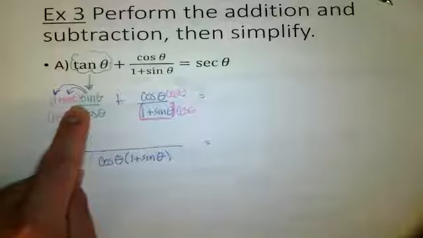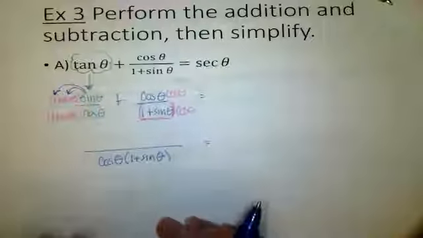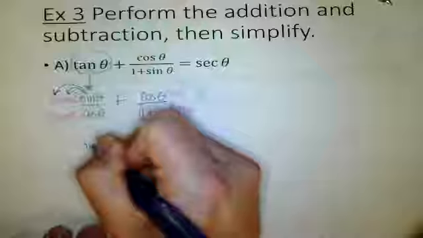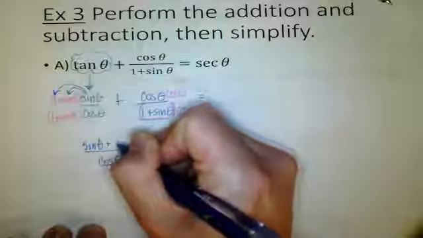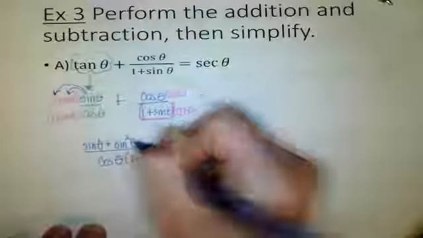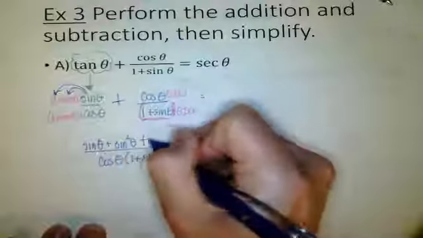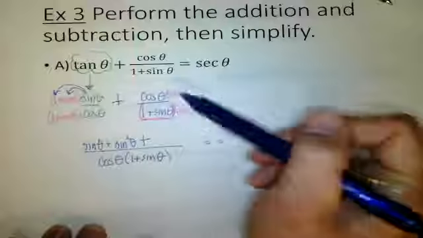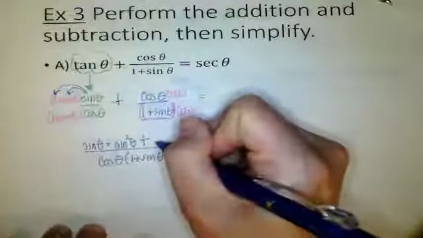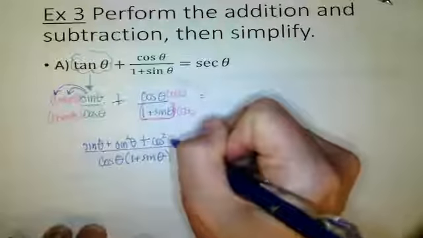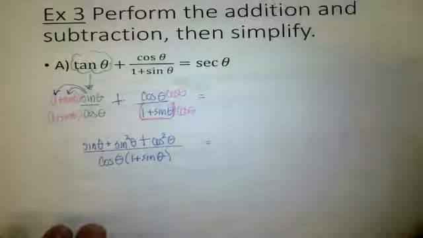So you do need to distribute in your numerator. What do you get when you distribute? Sine theta plus sine squared theta. Good. And cosine times cosine is cosine squared theta.